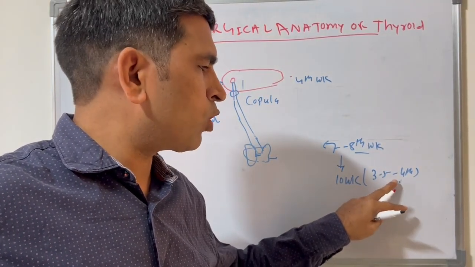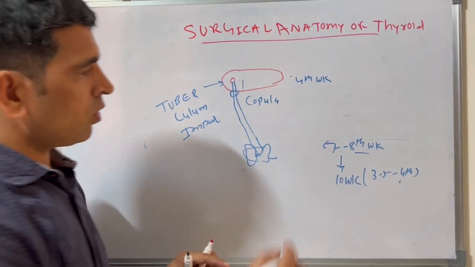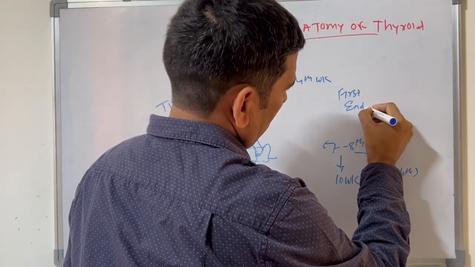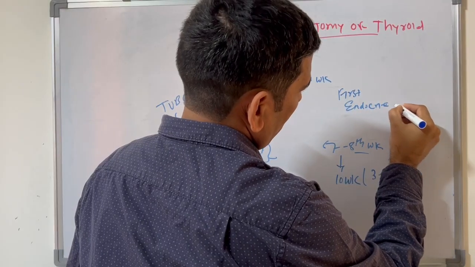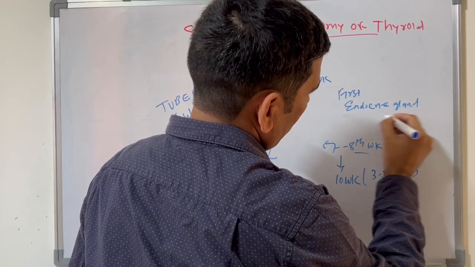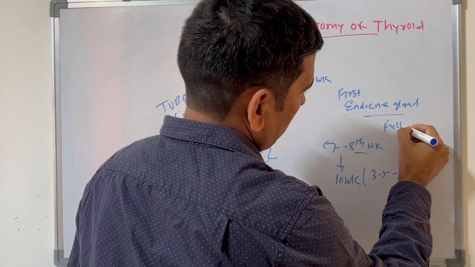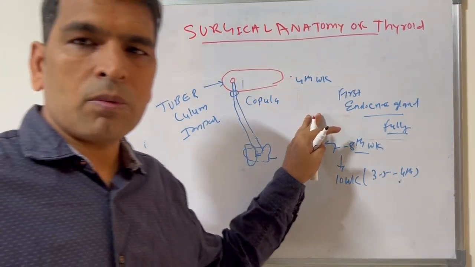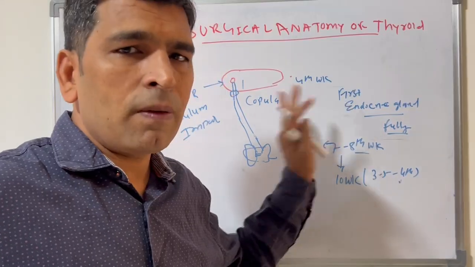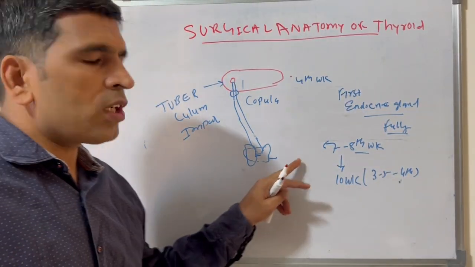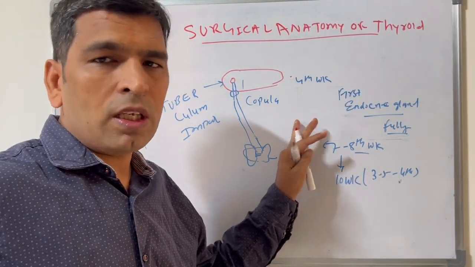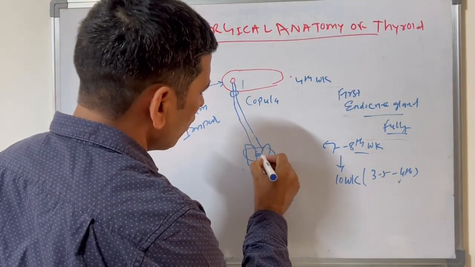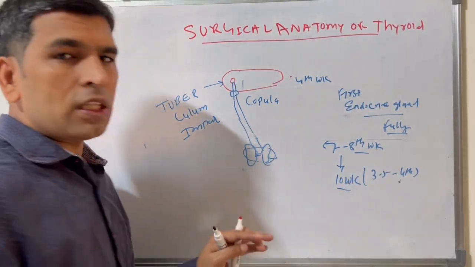This is the first endocrine gland which is fully developed, and the first to develop in embryological life. So the thyroid reaches its position at the 10th week.